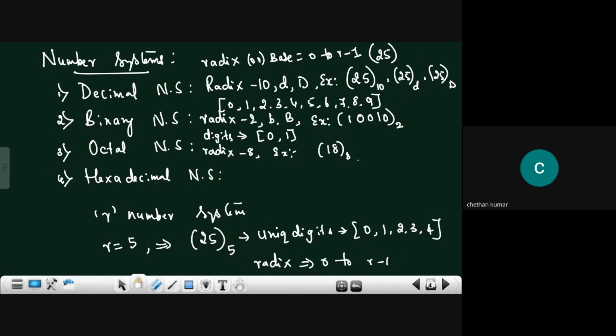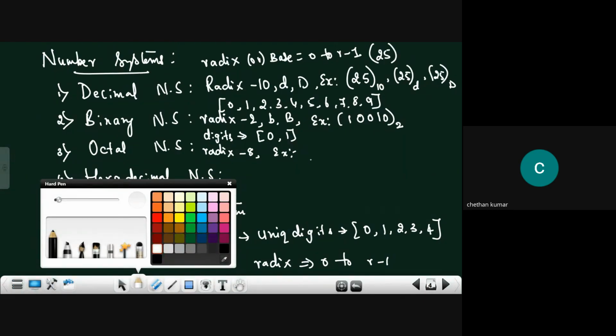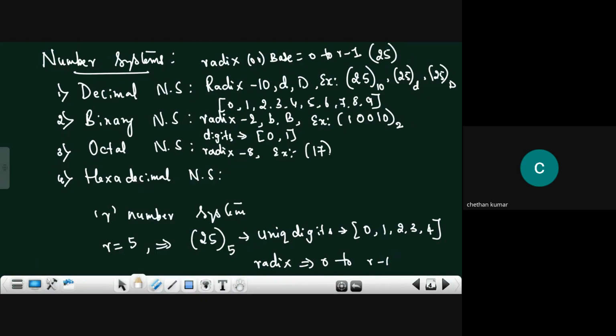No, why? The unique digits which should appear are 0 to 7. So this is a wrong way to represent an octal number. Octal unique digits are 0 to 7. For example, if I write 17 base 8, this is an octal number.